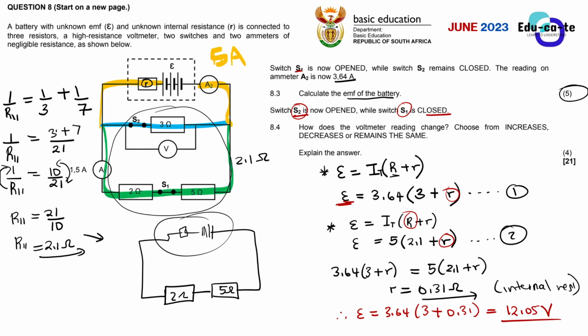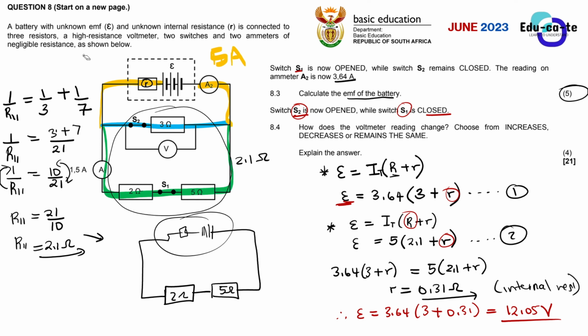I've explained this in my video explaining Ohm's law. Check all those videos in the description, I'll paste them. When you are removing a resistor in parallel, it means that you are increasing the resistance. I repeat for the millionth time: when you remove a resistor in parallel, you are increasing the resistance.